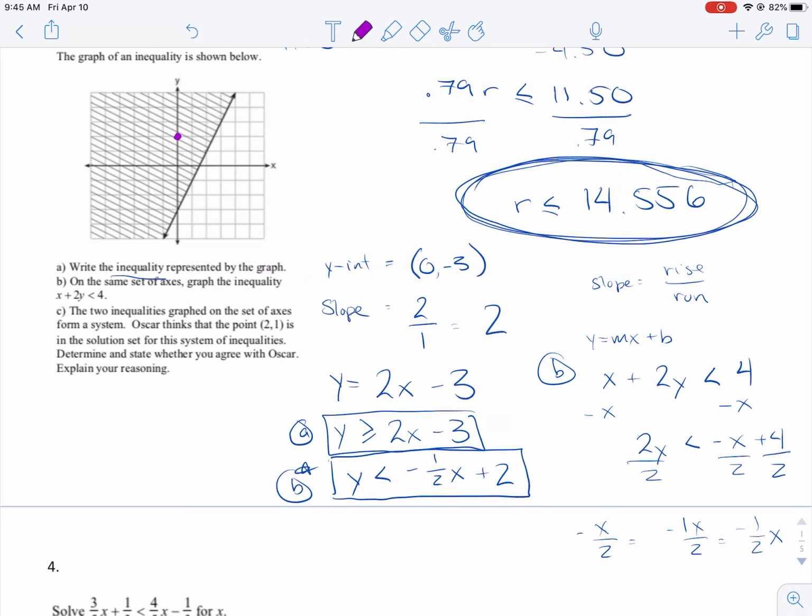Oh, I'm sorry, did I graph it? Nope, I did not. Let's graph this. Let's start with graphing the equation. Our intercept is 2. Let me get a different color here. Then our slope is negative 1 over 2.